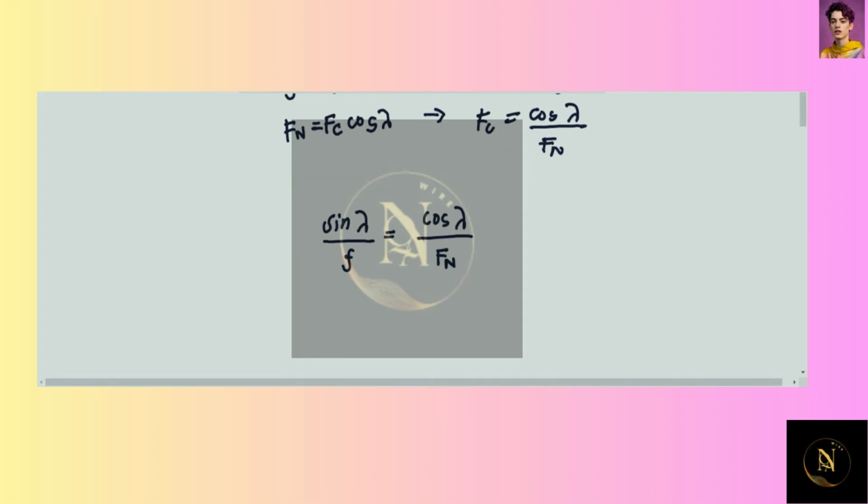Since we need the tangent of the angle of friction, we can express this equation as sine lambda over cosine lambda is equal to friction force over the normal force. As such, tangent lambda is equal to friction force over the normal force.